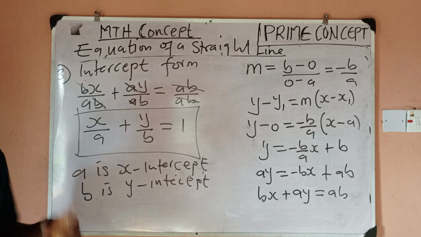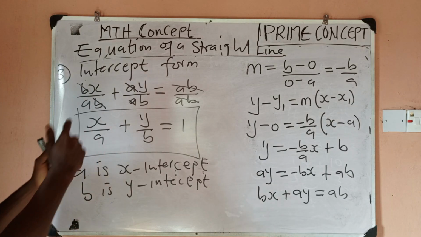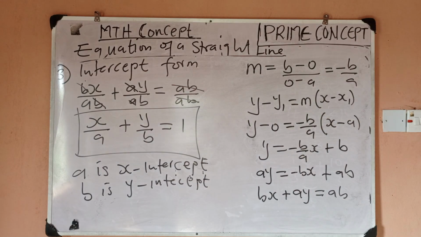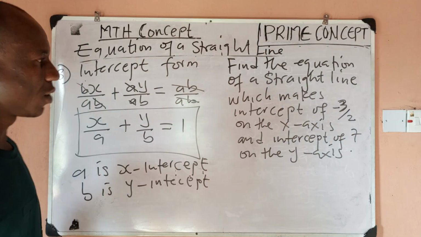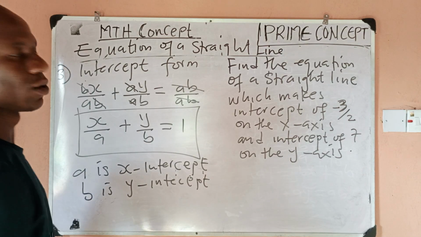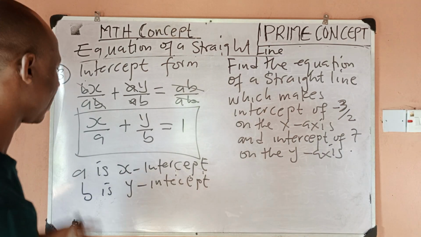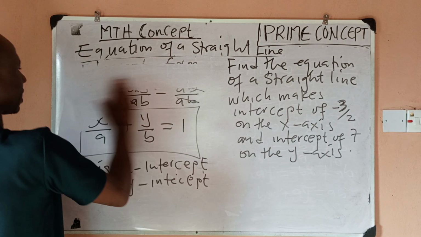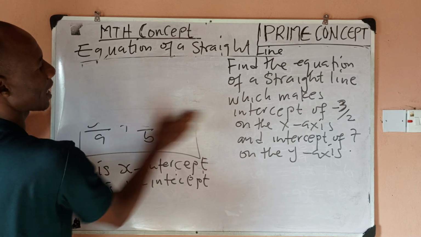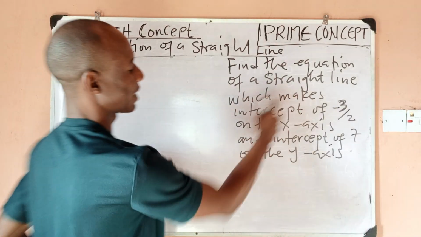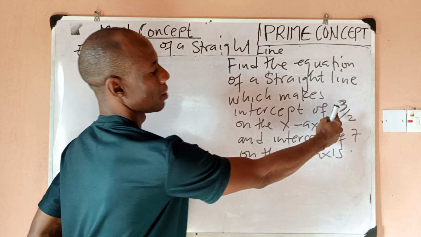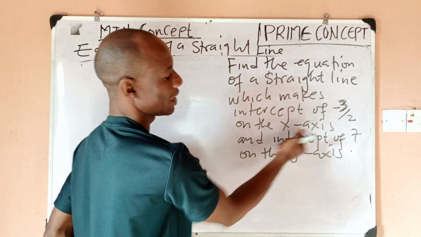Now, let's use this to solve a problem so you will understand why this is important. So we have this problem on the board, which relates to this form for the equation of a straight line, right? So I'm going to rub this space. And the question says, find the equation of a straight line which makes intercept of minus 3 over 2 on the x-axis.